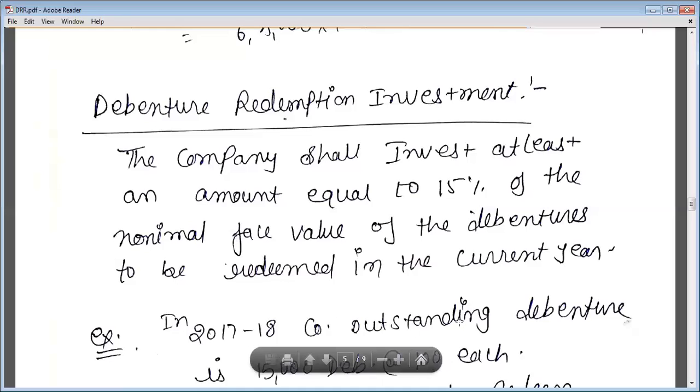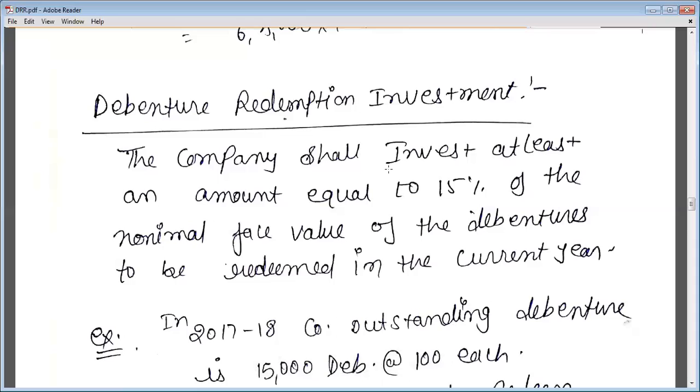So the debentures which you are going to redeem in the current year, you have to transfer 15% of their nominal values in DRI. तो जो भी डिबेंचर्स आप करंट ईयर में रिडेम्पशन के लिए जा रहे हो, रिडीम करने जा रहे हो, उसके नॉमिनल वैल्यू का 15% यू हैव टू इन्वेस्ट इन एनी गवर्नमेंट सिक्योरिटीज, इन एनी गवर्नमेंट बॉन्ड और एनी अदर सिक्योरिटी. So these are the rules of Companies Act 2013.